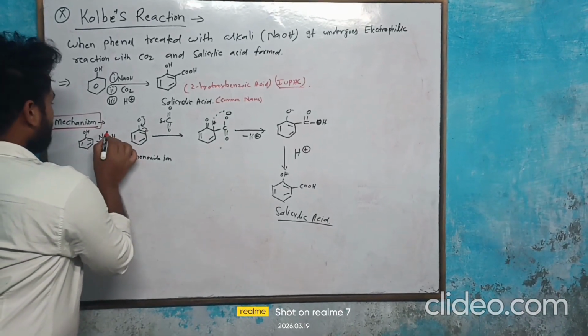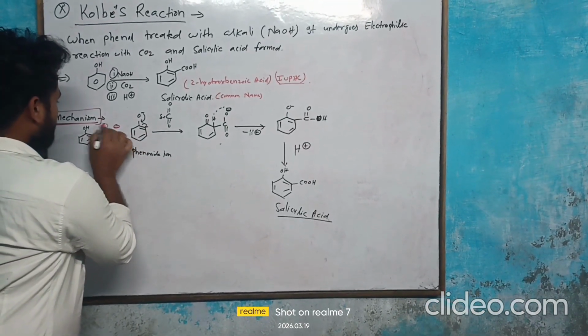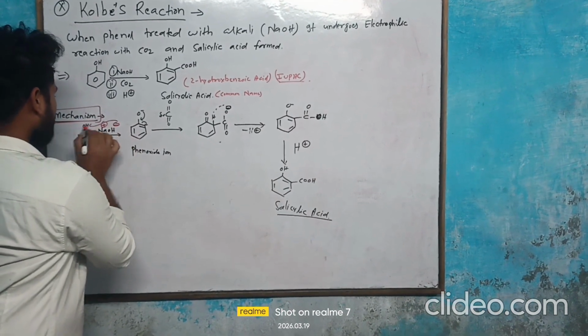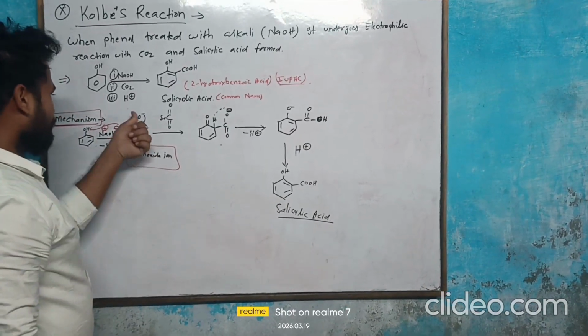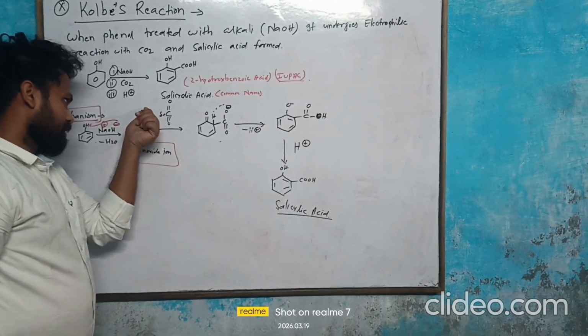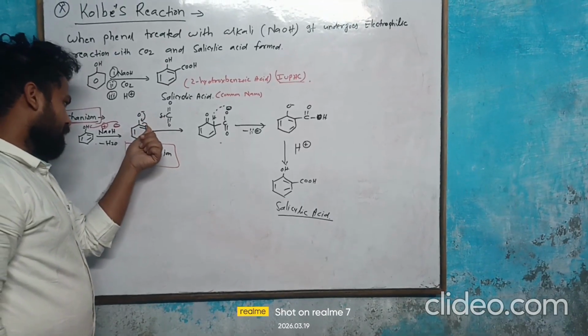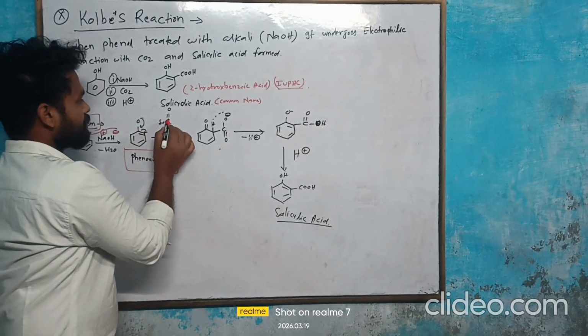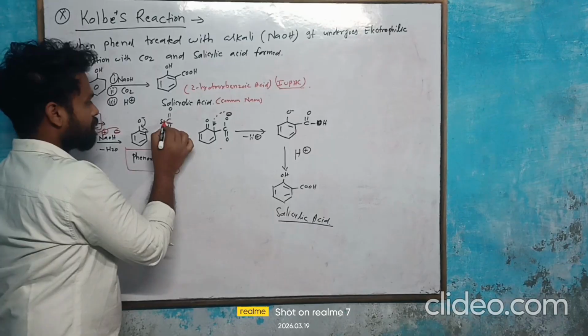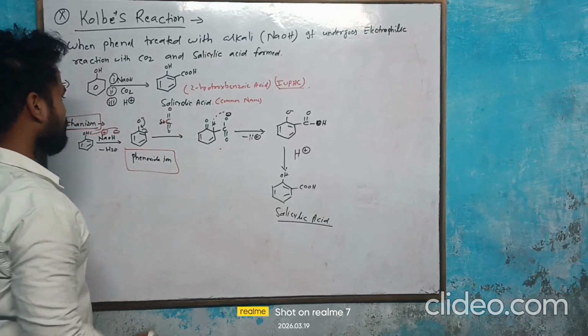In this also, OH minus and H plus. This is basic, it abstracts H plus, and there will be formation of the phenoxide ion. In the phenoxide ion, the negative charge shifts toward the ring. And in CO2, the carbon is electron deficient due to the higher electronegativity of these two oxygen atoms.